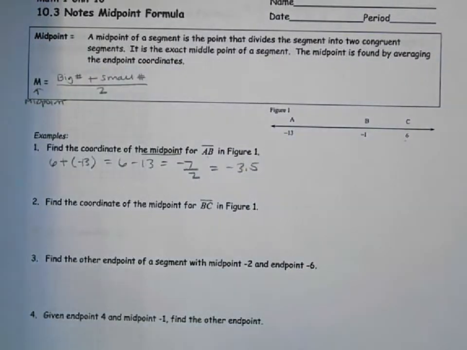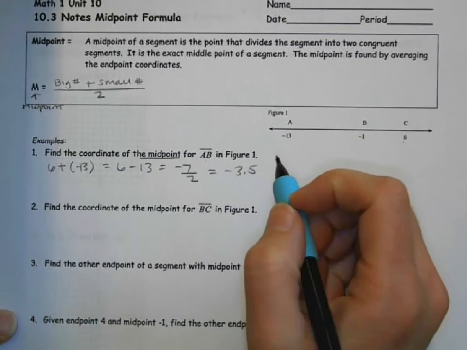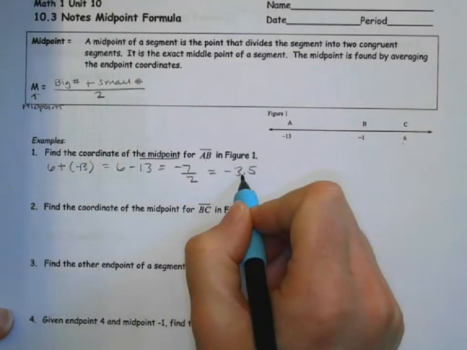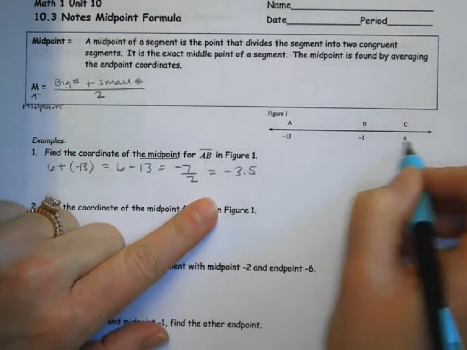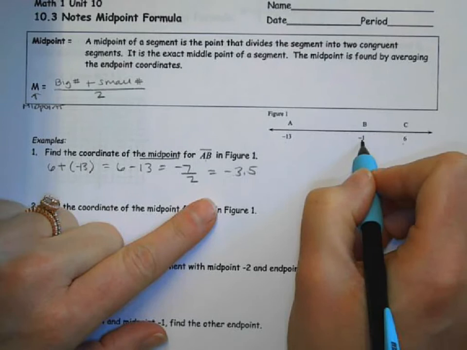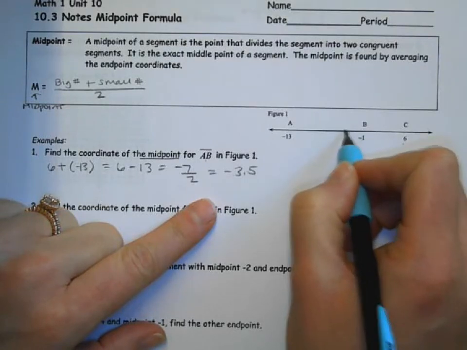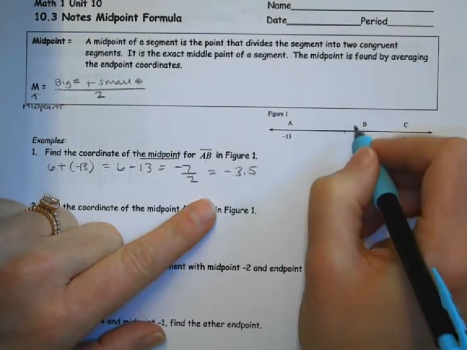So negative 3.5 is our midpoint for segment AB. That's the midpoint of our two endpoints. So we're at negative 1 here, we go to negative 2, and then negative 3.